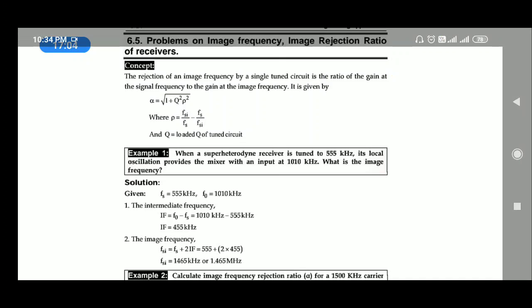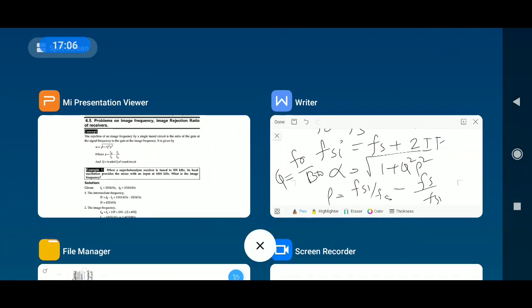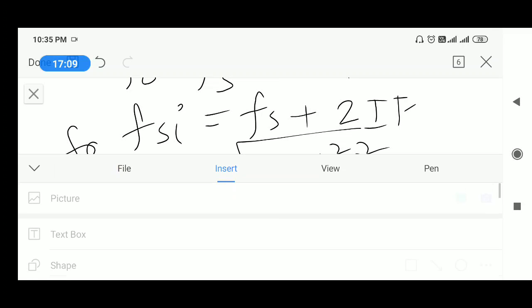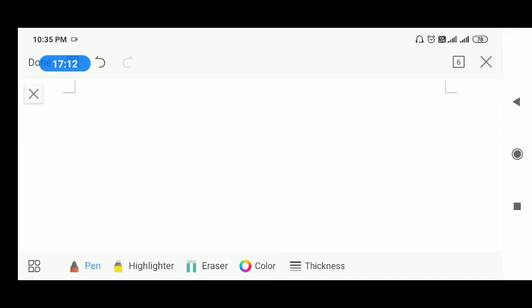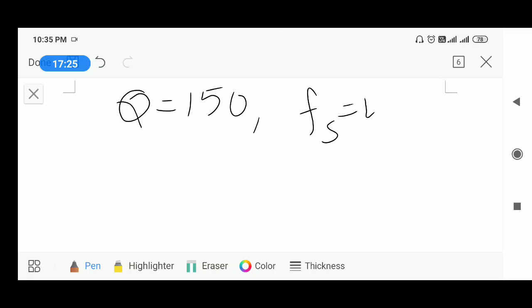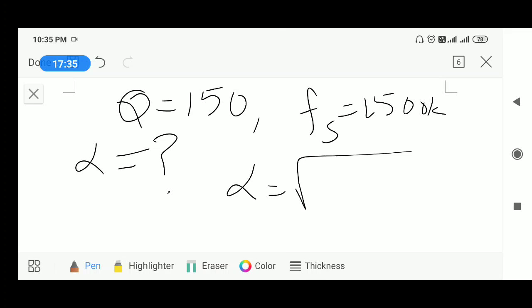I will take an empty page. In the problem they provided quality factor Q, 150. Desired frequency is 1500 kHz, and we are asked to calculate alpha. Alpha is equal to under root of 1 plus Q square rho square.